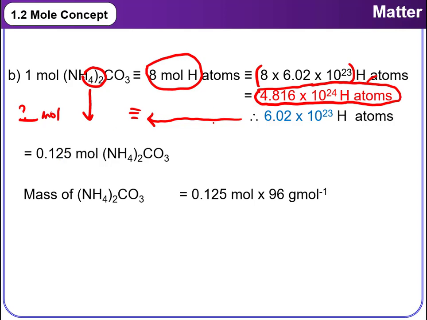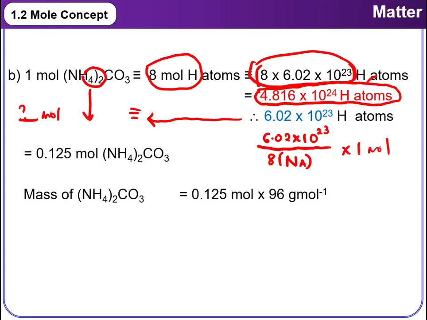So how to solve this? You divide 6.02 times 10 to the power of 23 by 8 times the Avogadro number, times 1 mole of ammonium carbonate. Then you have the answer of mole of ammonium carbonate.